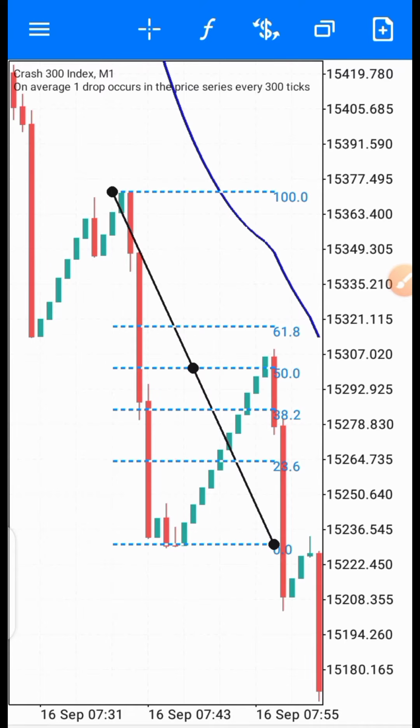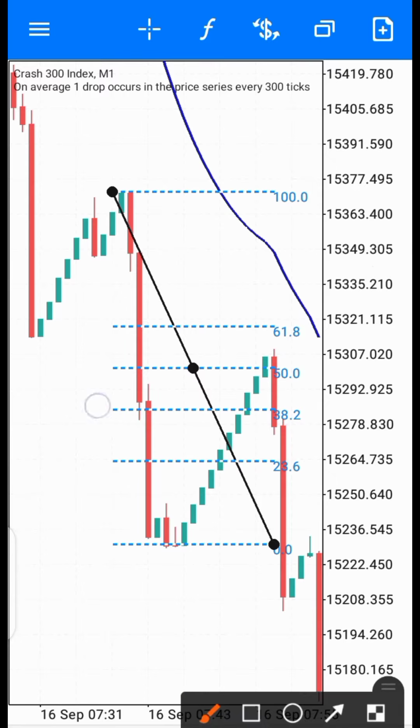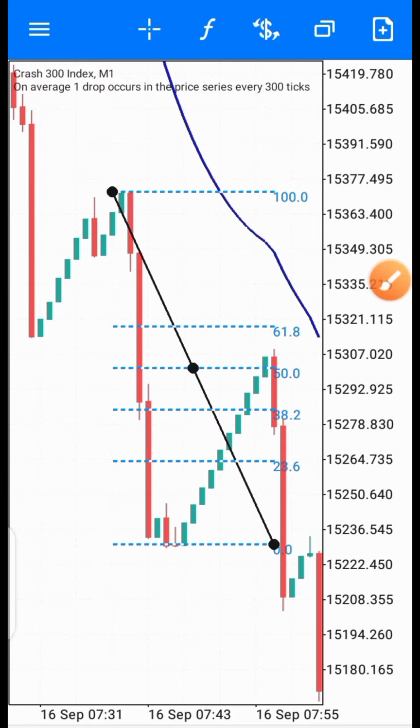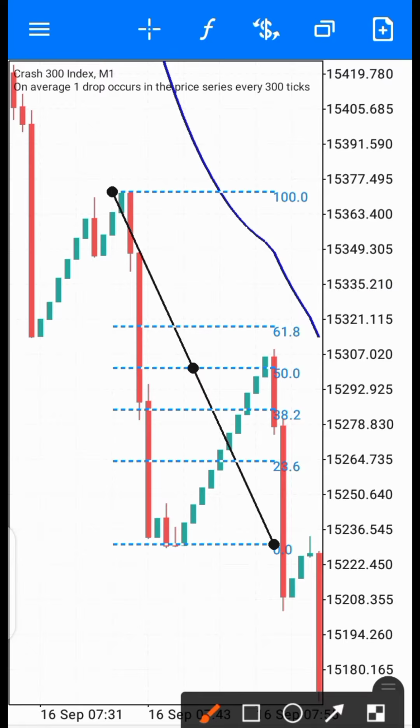So the level we are going to be using is level 38.2. When you spot an impulse move of a spike and it's beginning a retracement and still downtrend, which means it's still under this moving average, that means it's downtrend, then you will place your sell at this 38.2 level.